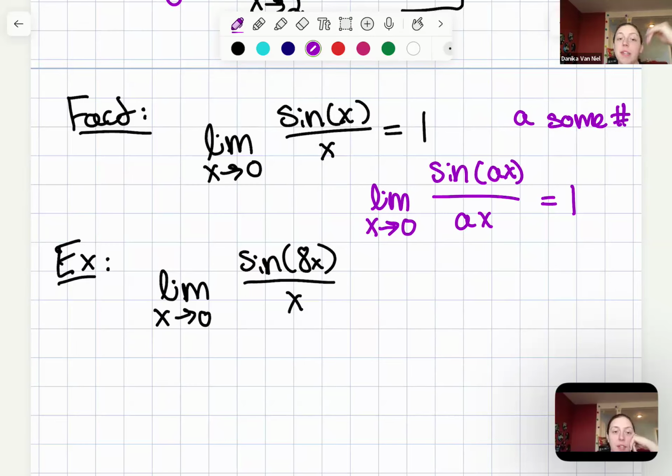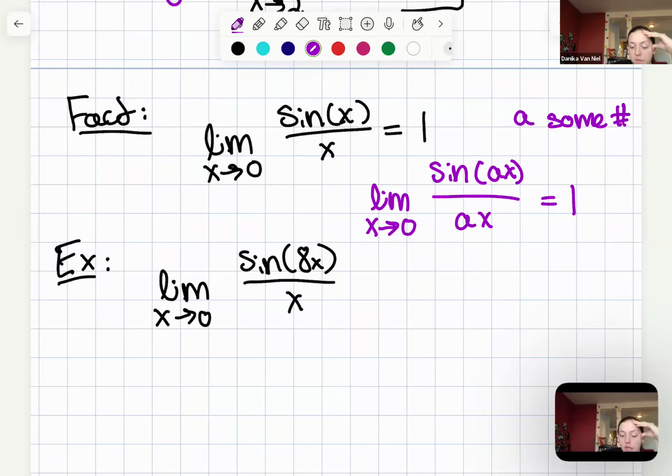So really it's not just that I have sine over x. It's that I have sine of something divided by that same something, those somethings both going towards 0.